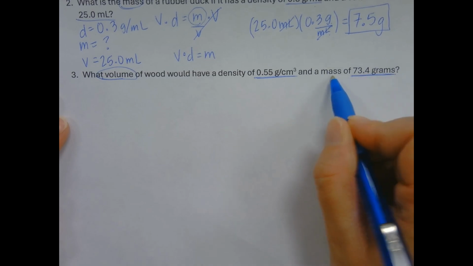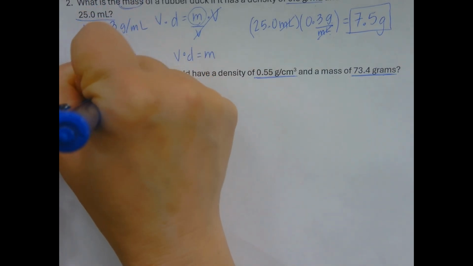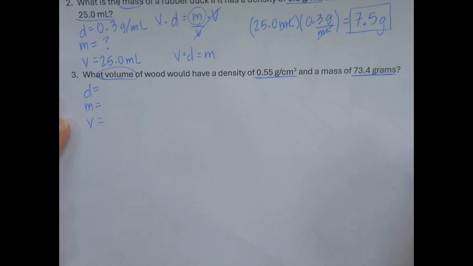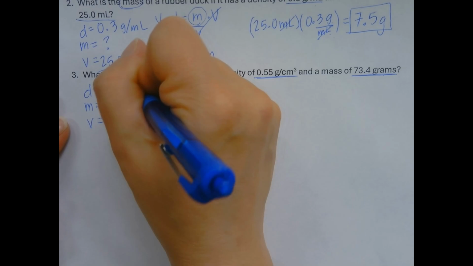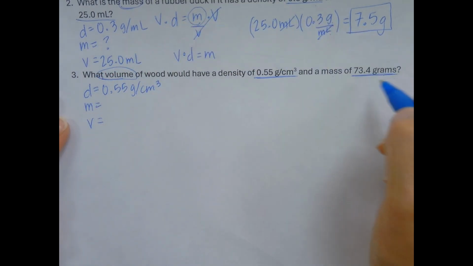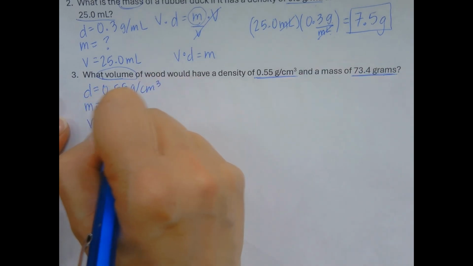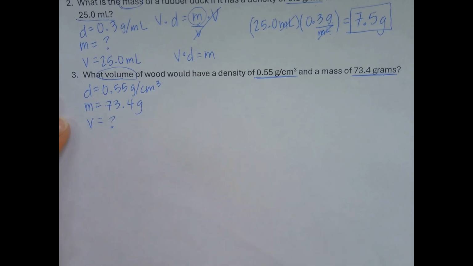So it says mass and G for grams. So let's list out our variables. Density is 0.55 grams per centimeter cubed. The mass is 73.4 grams. And the volume is the one we don't know.